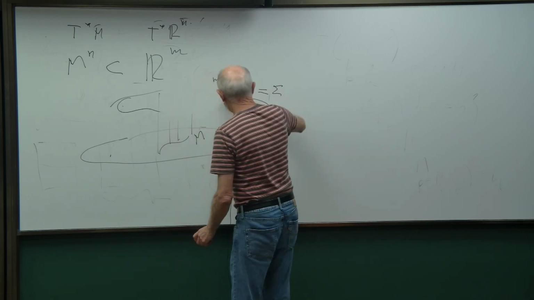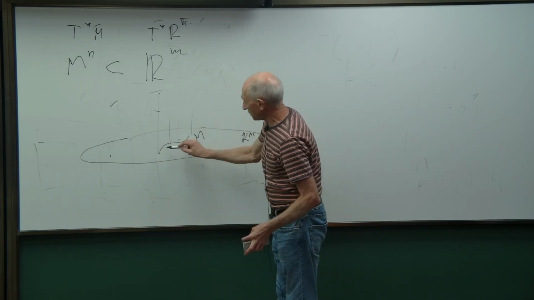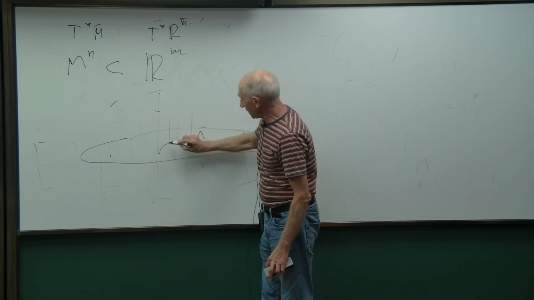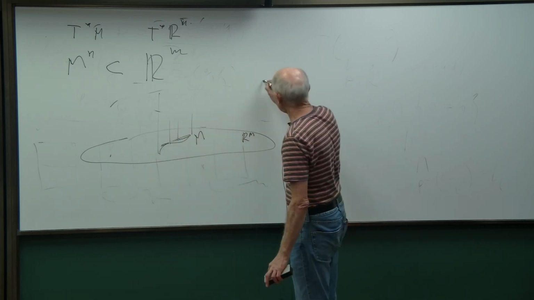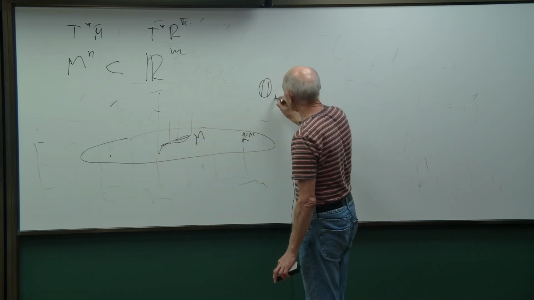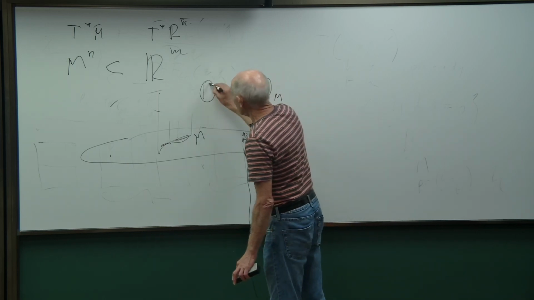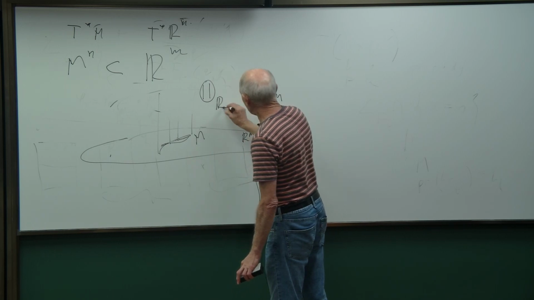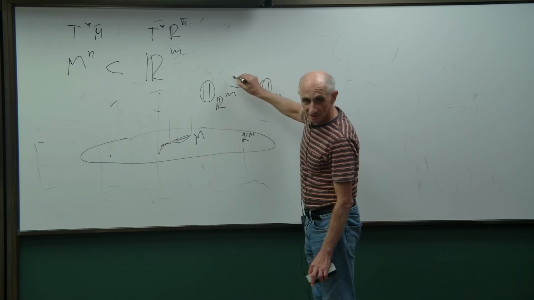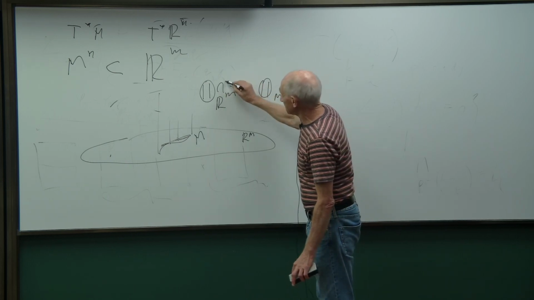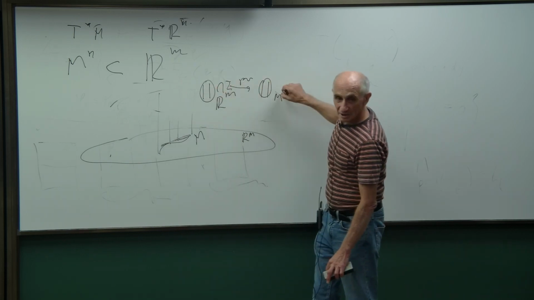Remember, we started with the zero section in the cotangent bundle of M. Of course, if you take this zero section in Rm and do this reduction, intersecting with sigma and taking a projection, then you get exactly this.